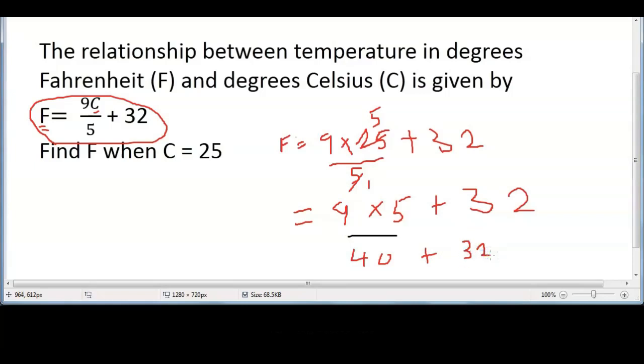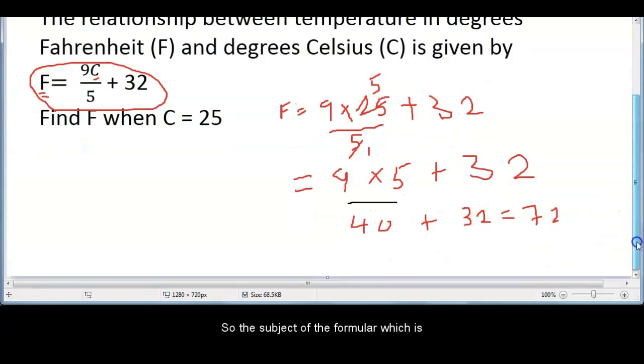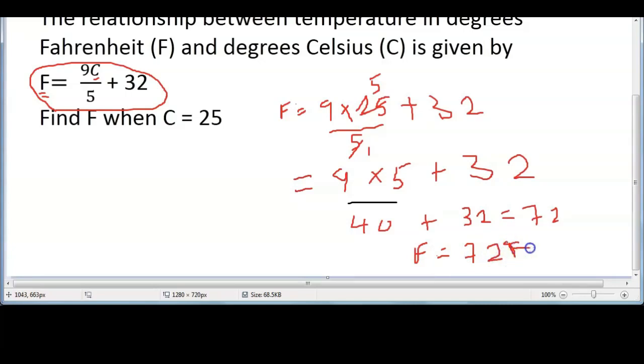Addition comes last. 40 plus 32 gives 72. So the subject of the formula, which is F, is equals to 72 degrees Fahrenheit. That clinches it.